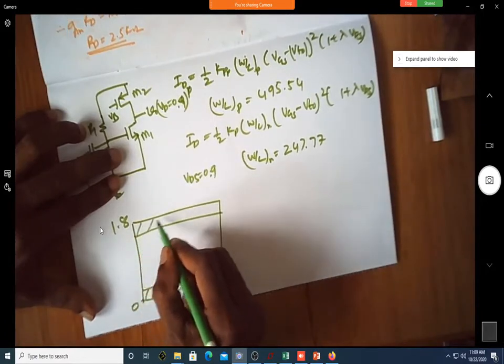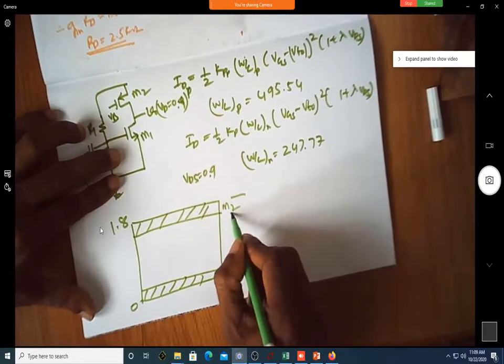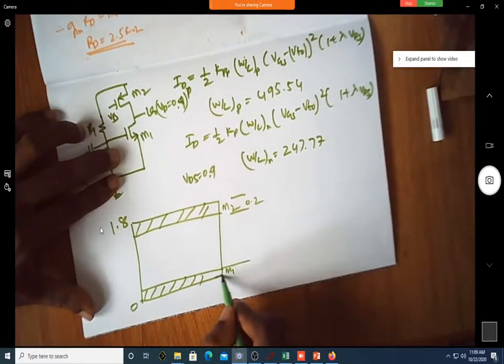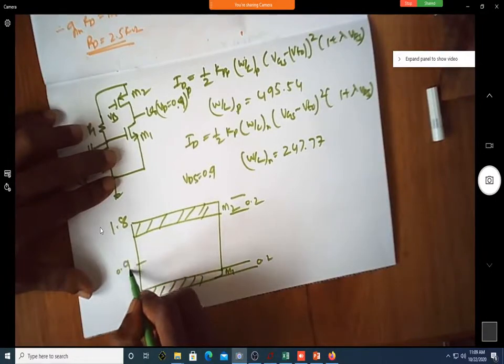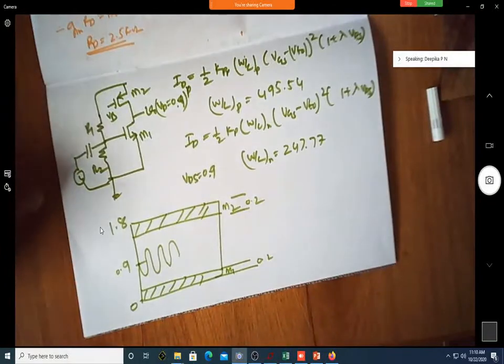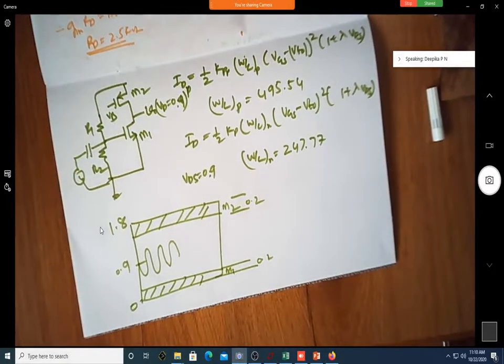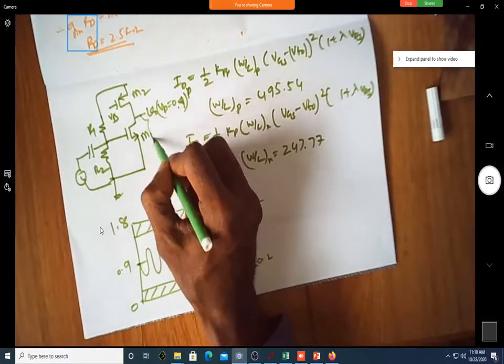You have to keep M2, that is the PMOS transistor, also in saturation. How much is this left out? 0.2. How much are you supposed to leave here? 0.2. Shall I keep this as my midpoint voltage where your output can swing? Correct? Yes, sir. So now, is this point the VDS of this?